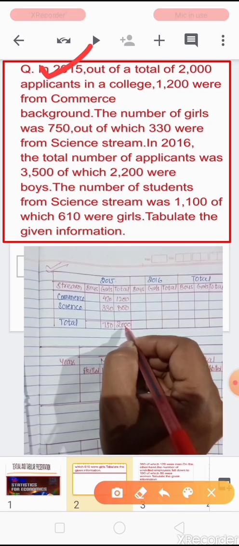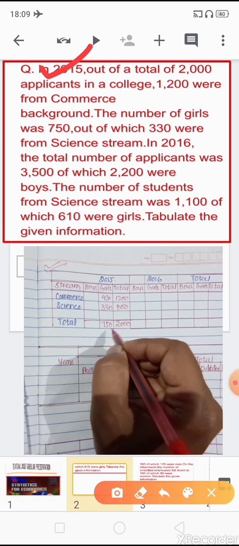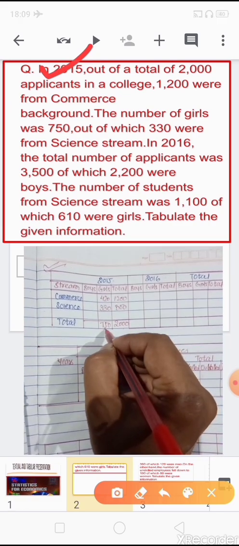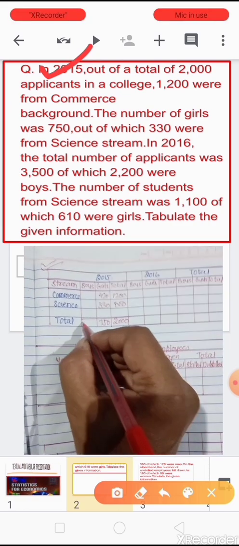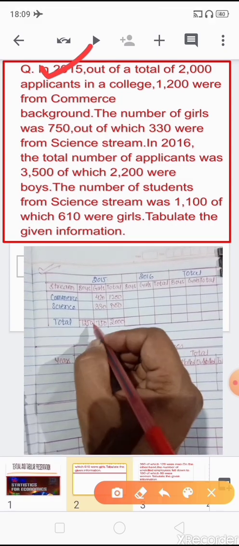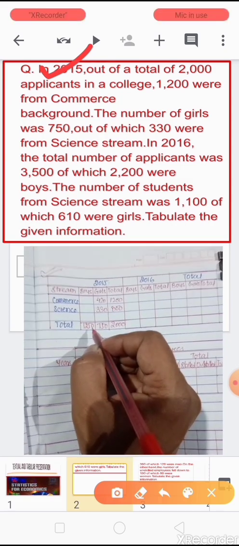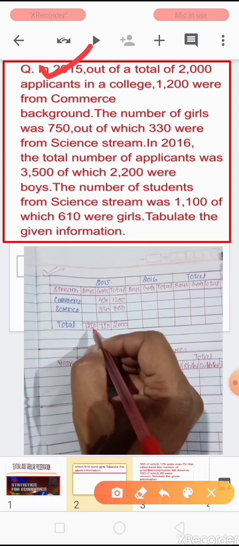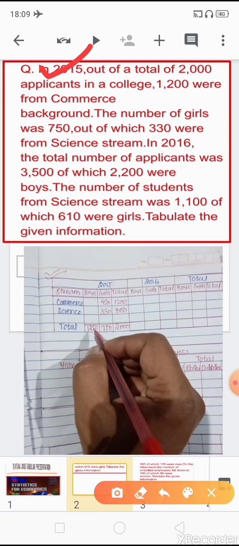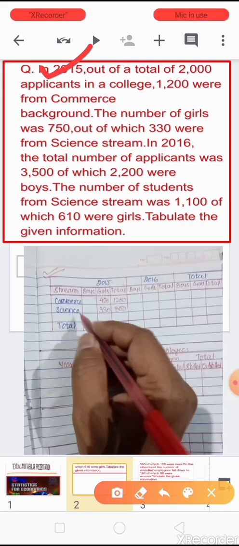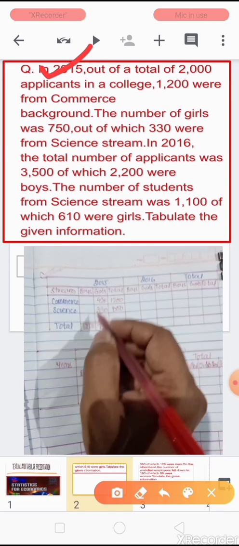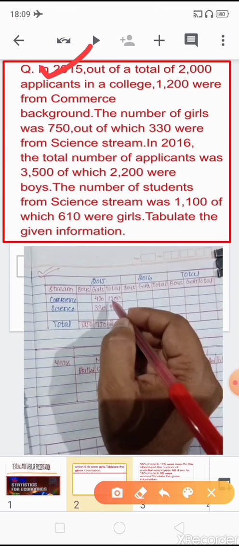420 is the total number of girls studying in the commerce background. The students who are boys in the year 2015, in both streams, commerce and science, you can also find out in this way.